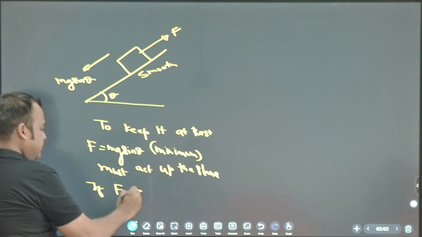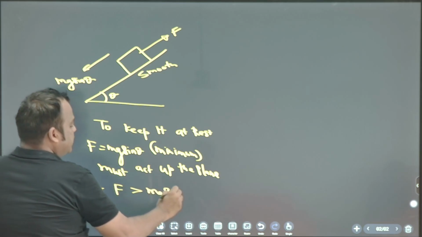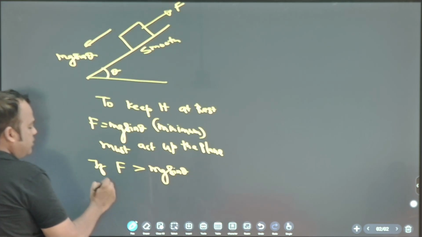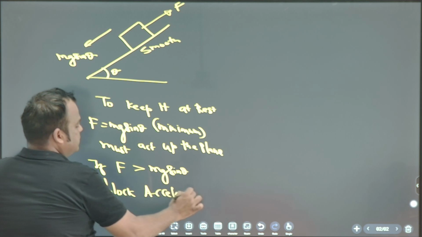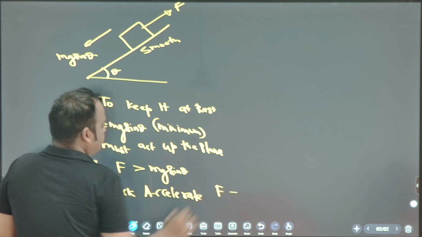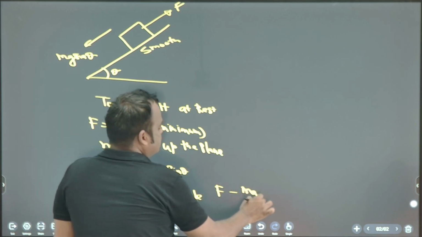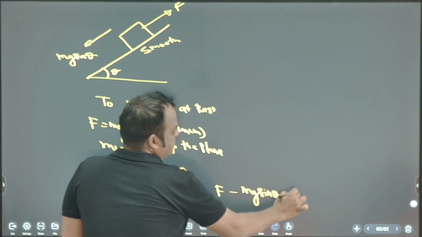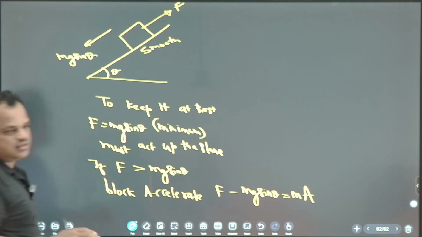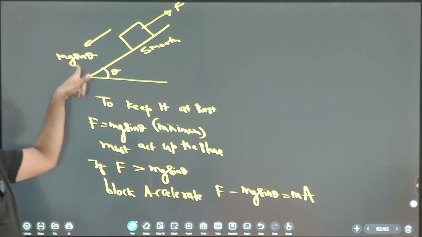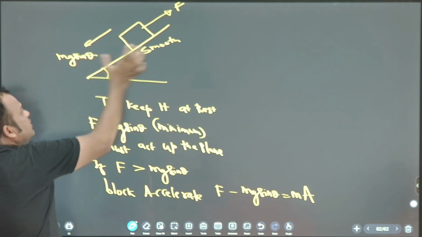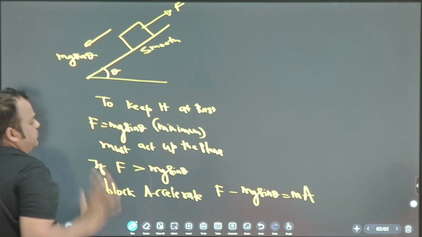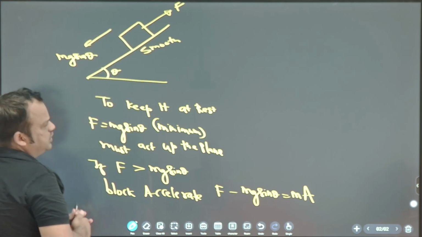If F is greater than mg sin theta, the block accelerates. So how to find acceleration? F minus mg sin theta is equal to ma, right? If F is more than mg sin theta, it accelerates up; if F is equal to mg sin theta, it will be at rest, or move with constant velocity.